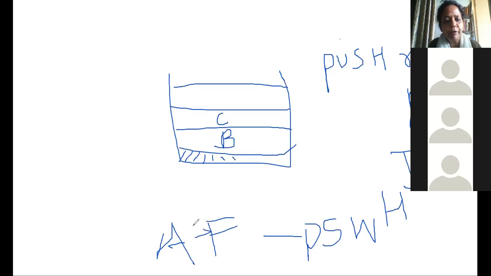So the A register and flag register together make the pair, which is called the PSW, the processor status word. The flag register is also called the status register.